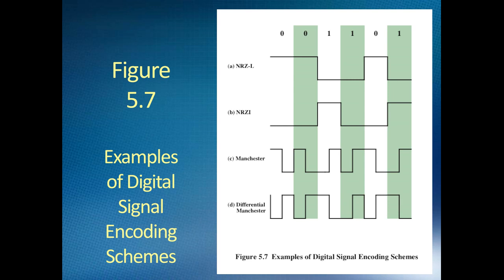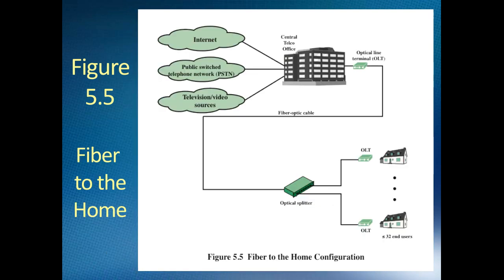Here. This is fiber to the home, or FTTH, fiber to the home, or some people call it FTTP, fiber to the premises, and to the building, to the block.